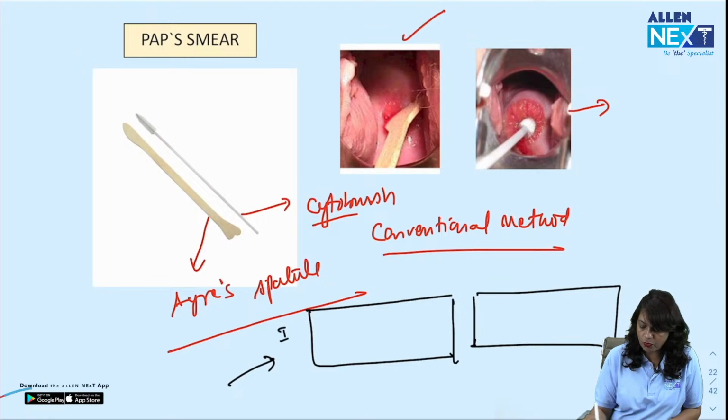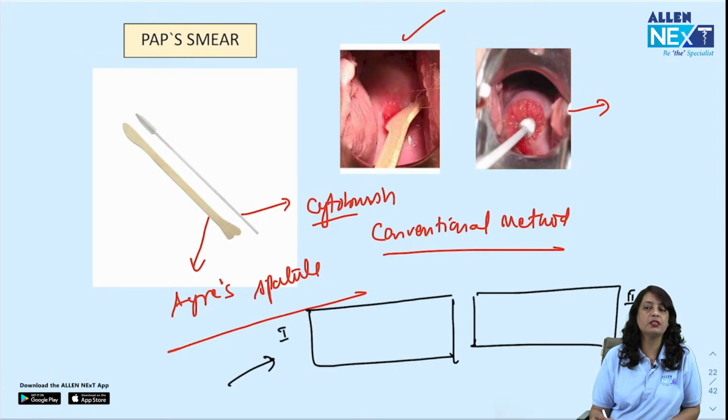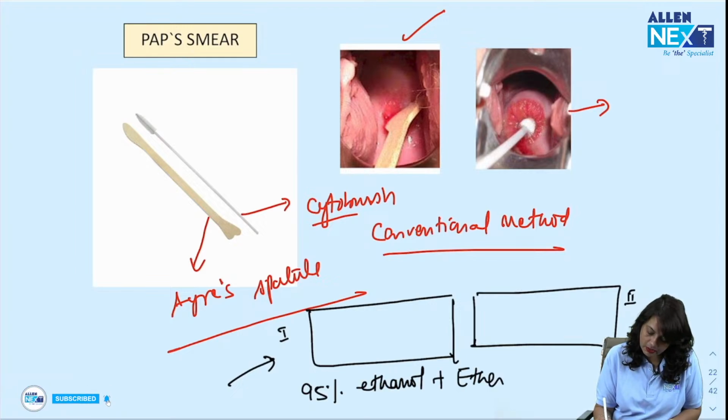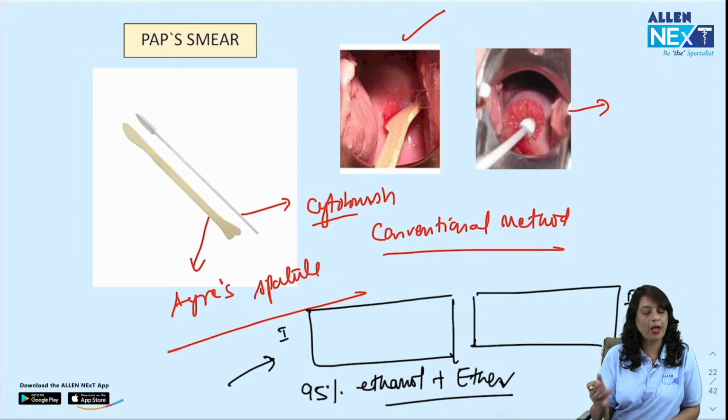So smear number 1 and smear number 2, we fix with a cytospray which contains 95% ethanol plus ether. So this is a conventional Pap smear.